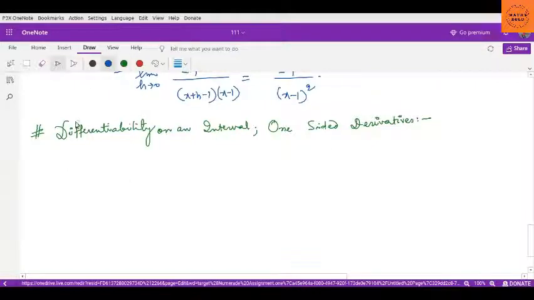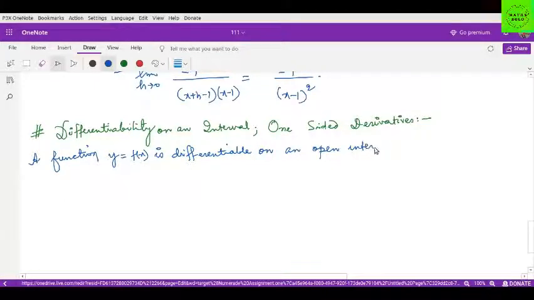So here we have the statement, that is a function y equal f of x is differentiable on an open interval, that is finite or infinite.